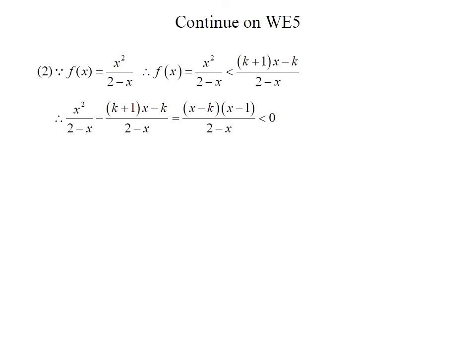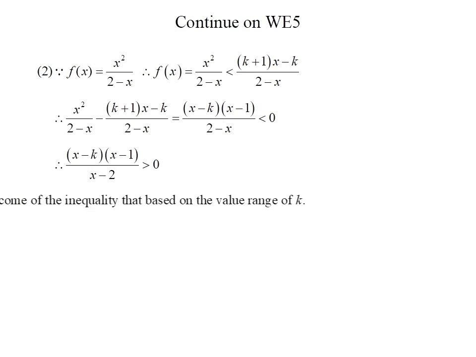Moving the term from the right hand side to the left hand side and then combining two fractions into one. Since the numerator can be factorized as (x minus k) times (x minus 1), based on the factorized form of the inequality, we may find the outcome of the x value range according to the value of k.